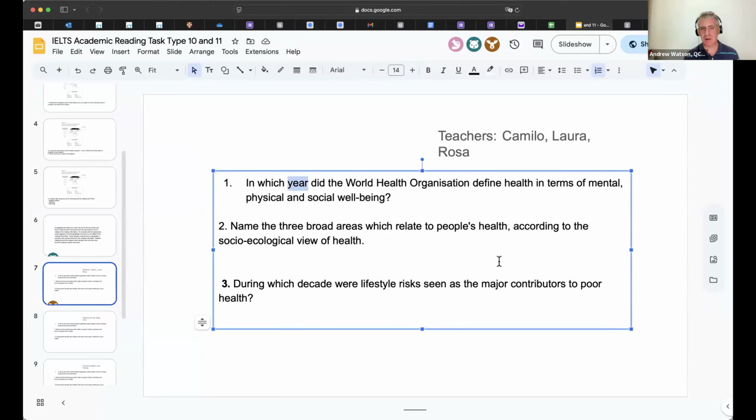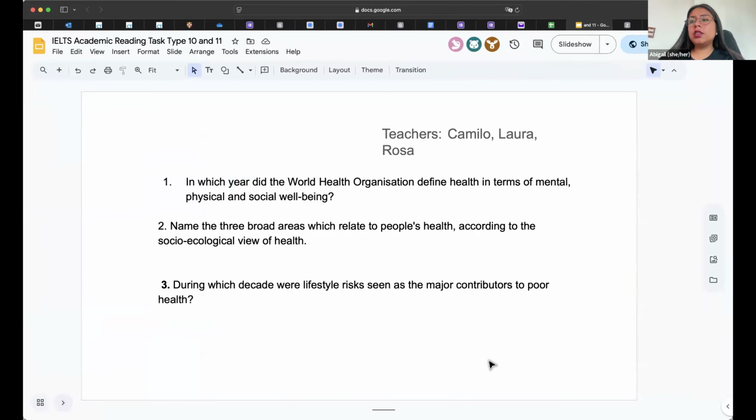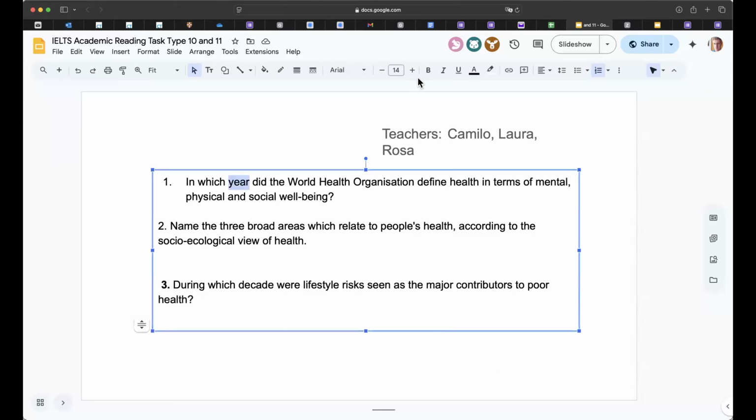Could I ask Abigail to read question 1 for us, the whole of question 1? Sure. 1. In which year did the World Health Organization define health in terms of mental, physical, and social well-being? So which words are going to be underlined? Or what are the key words? Year. Yeah, definitely.